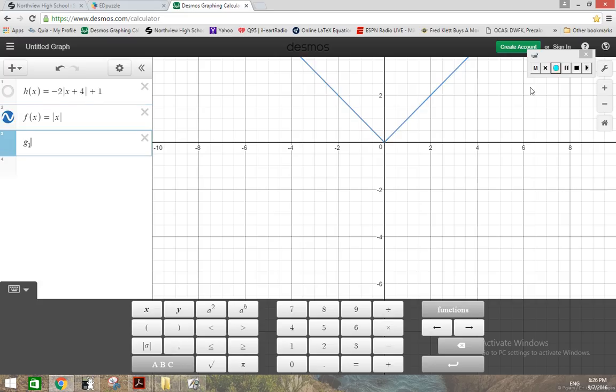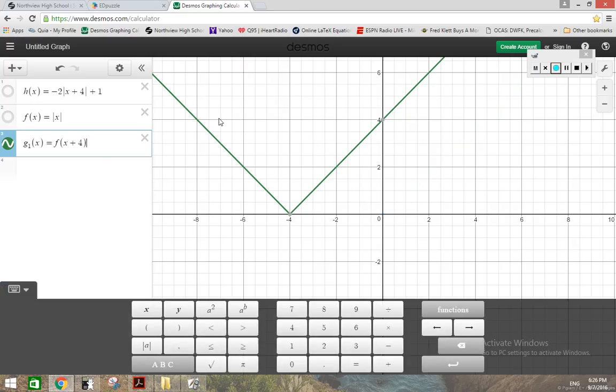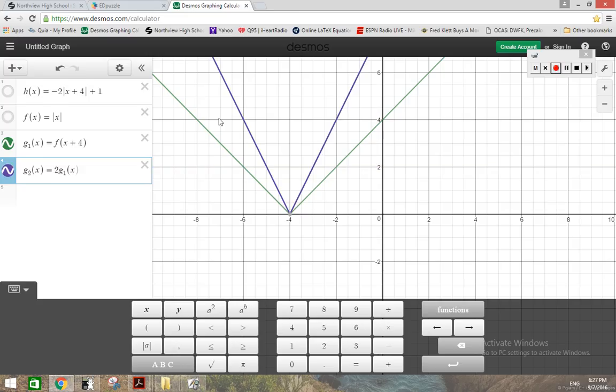So my first graph is going to take this parent function and shift it to the left 4 units. The plus 4 is misleading, that it's 4 units to the left. So there you have it. I started with the absolute value that had its vertex at the origin, and now its vertex is to the left 4 units. So then my next graph is going to build off my previous graph, and it's going to be a vertical stretch by a factor of 2. So it's opening more narrow.